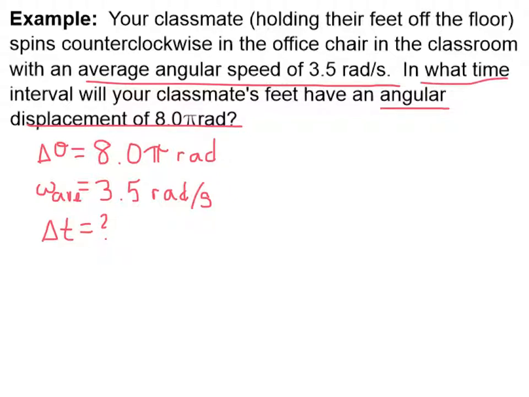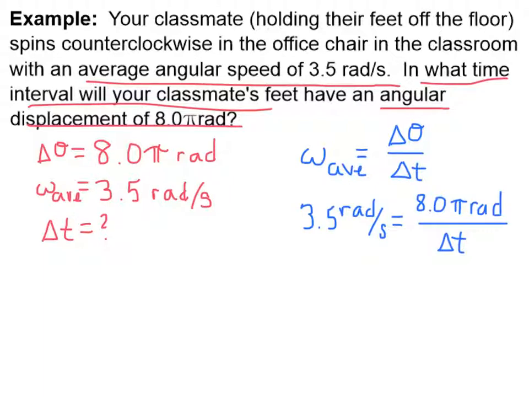In what time interval will your classmate's feet have that displacement? We can use our equation for average angular speed because we already have our angular displacement in radians, and so we can plug our values into our formula.